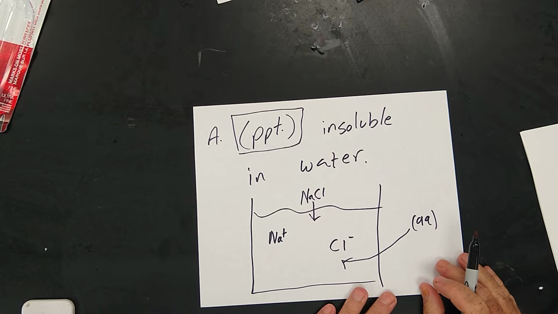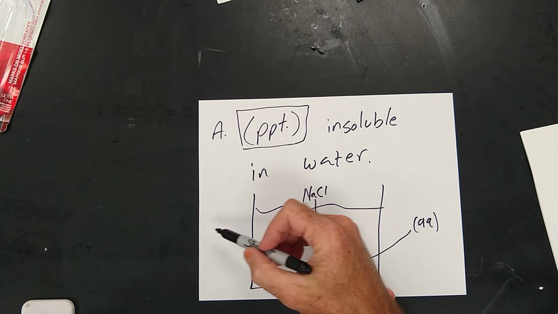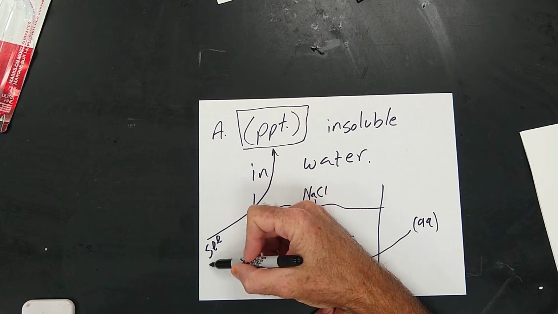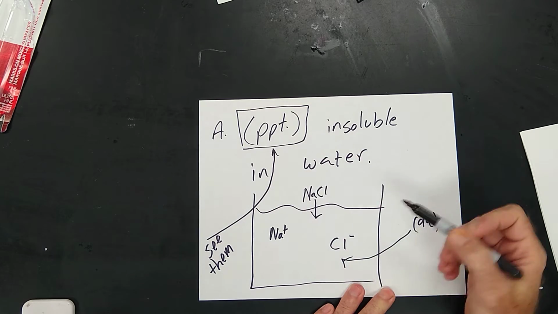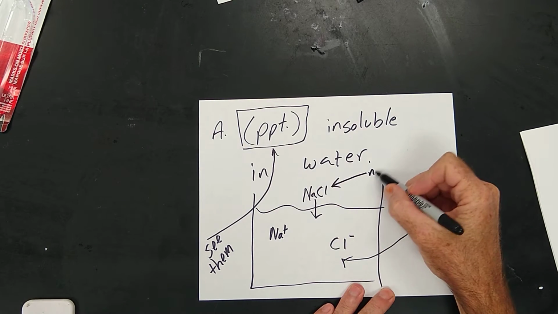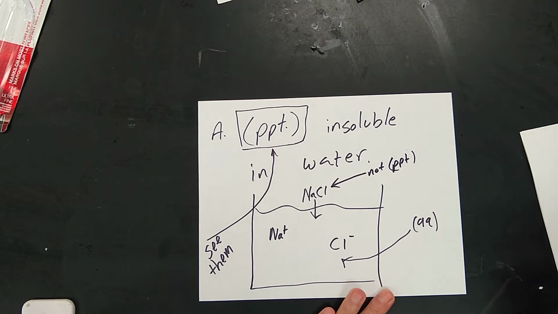Aqueous things in water are invisible, but things that are called precipitates, you can see them, okay? So sodium chloride is not a precipitate. You know, if you put salt in water, it disappears, okay?